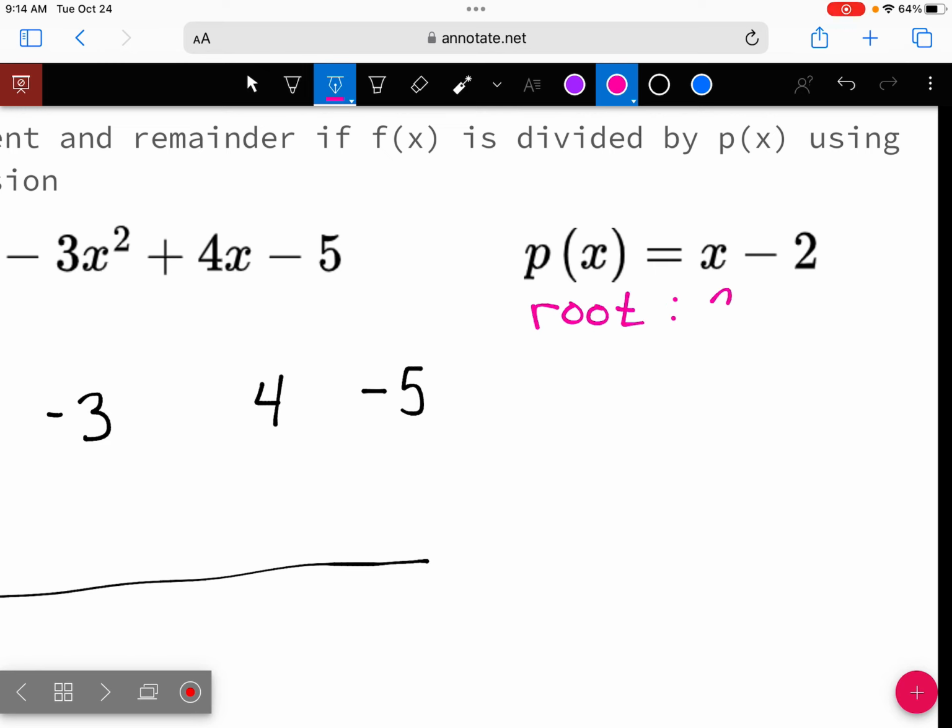Synthetic division only works when we have a root. So p of x has to be linear for us to be able to use synthetic division. If it's anything other than linear, we're going to have to use long division.